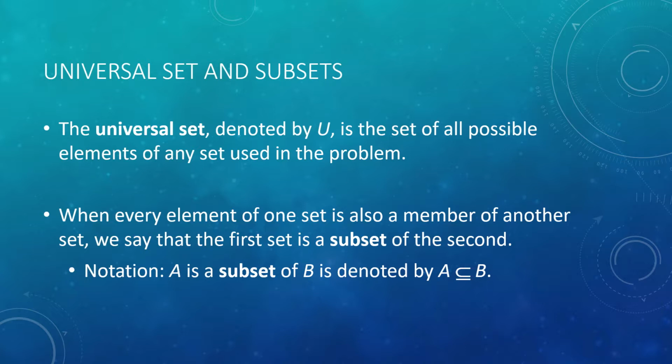And this is the symbol that we use for subset. It says notation: A is a subset of B is denoted by A, and then we have this little symbol right here that means is a subset of B. So A is a subset of B.